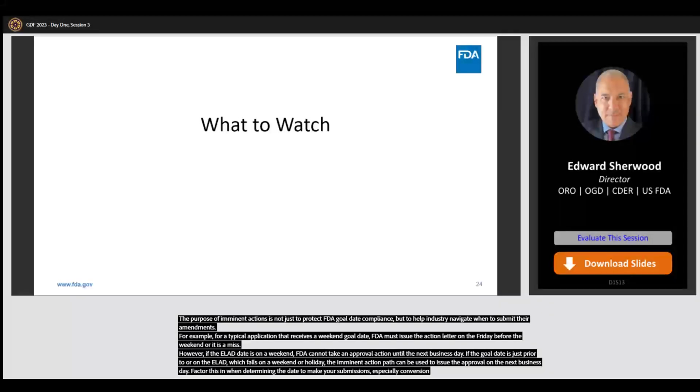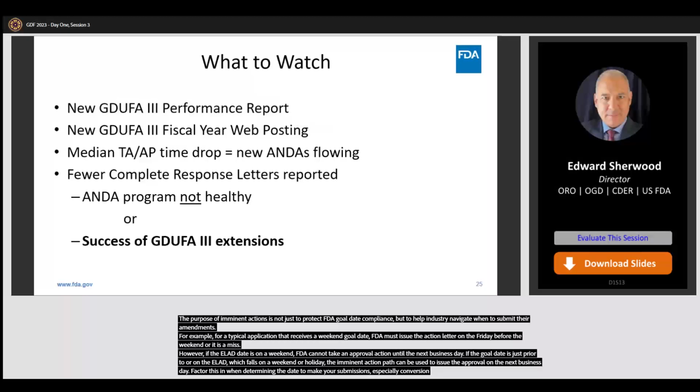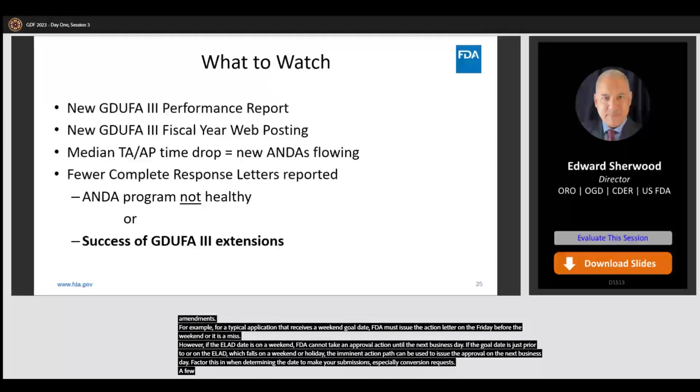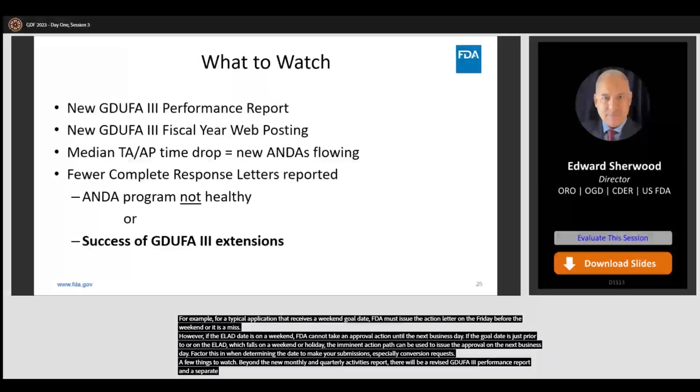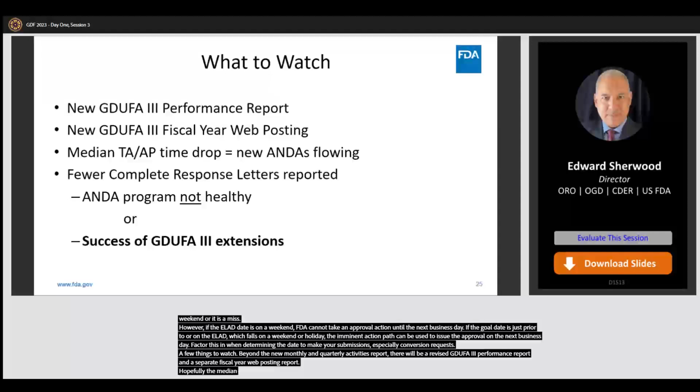A few things to watch. Beyond the new monthly and quarterly activities report, there will be a revised GDUFA III performance report and a separate fiscal year web posting report. Hopefully, the median approval time will drop as new submissions are more successful due to the enhanced communications and goal date extensions.